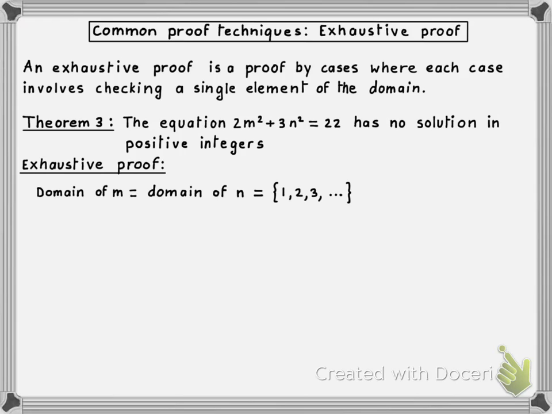And the way to do that is to analyze the theorem and what it means. What it says is that you're adding two numbers, each of which must be positive, because you're adding a squared number to another squared number. So you're adding two positive numbers and their sum must equal 22. In particular, if you have a solution for m and n, and you want to increase the value of m in that solution, you must be decreasing the value of n because the sum at the end must remain equal to 22.